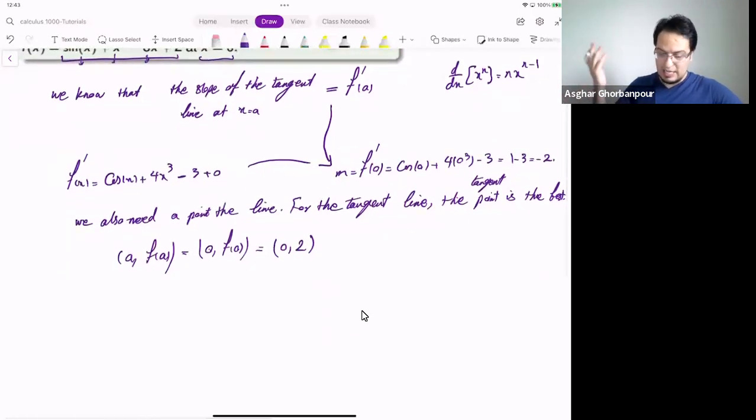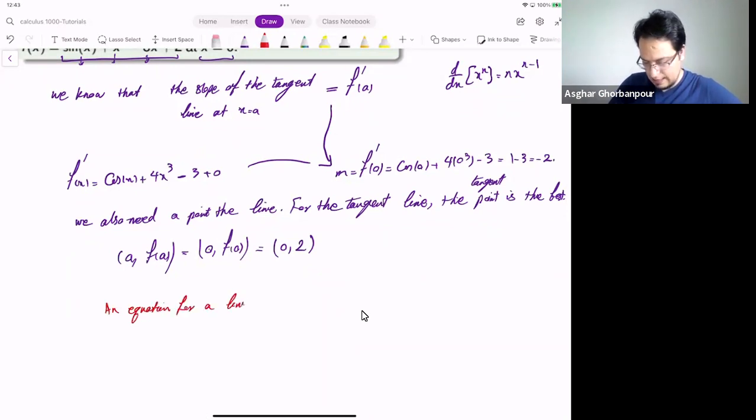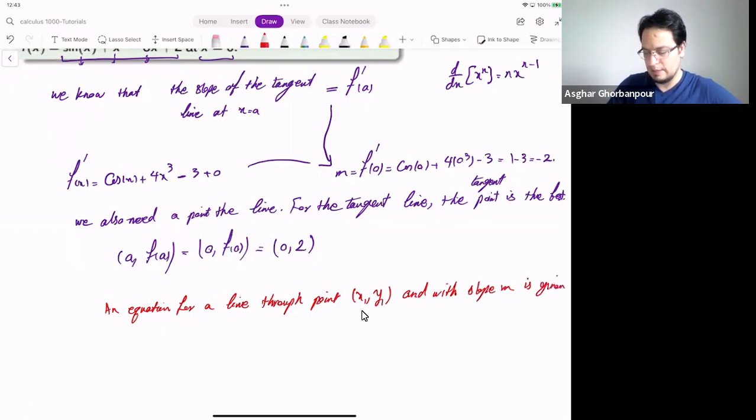And I will always use this very general form for my lines: an equation for a line through the point x1, y1, with slope m, is given by this formula.